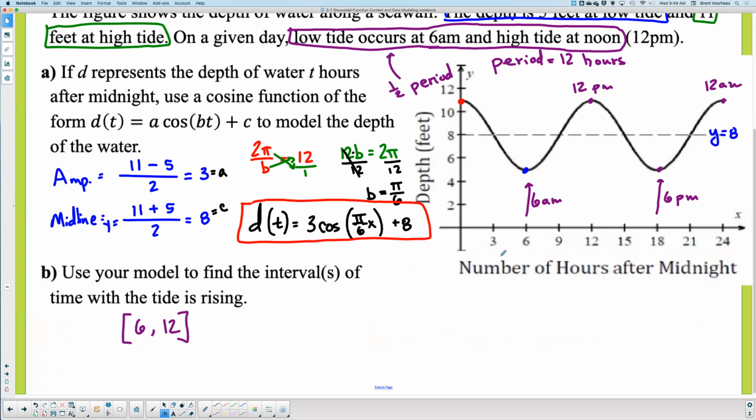The graph was shifted up 8 units from the midline not on the x-axis. The parent function of sine and cosine had the midline on the x-axis. We do have a vertical translation to move this up to where the midline's up at y equals 8. But there's not a horizontal translation because the tide begins at its maximum. For cosine, there's no horizontal transformation.